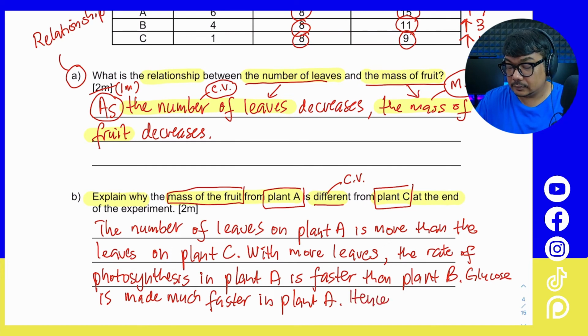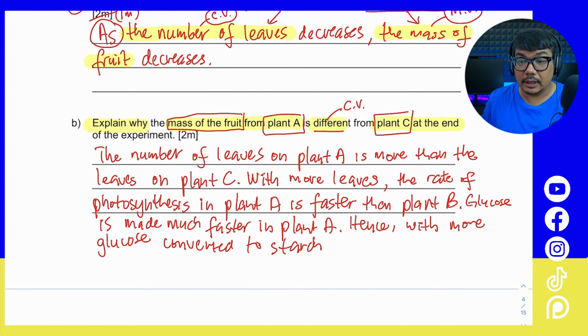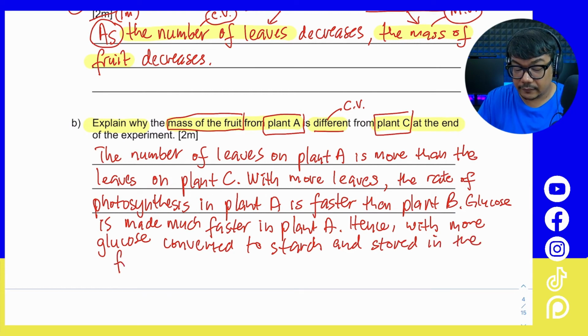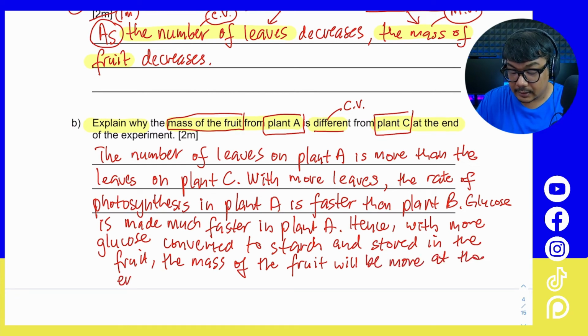Hence, with more glucose converted to starch and stored in the fruit, the mass of the fruit will be more at the end of the experiment.